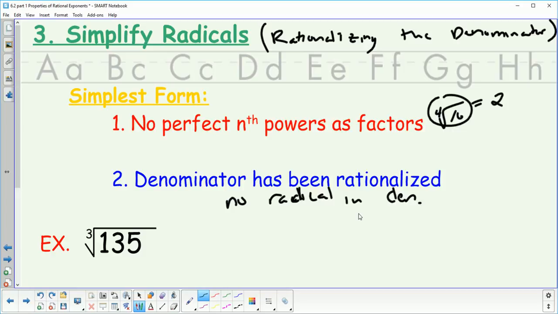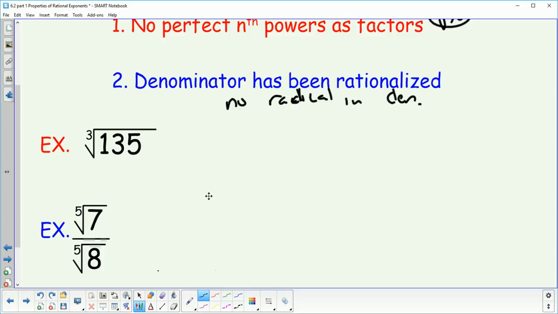So a couple examples of that. We have the cube root of 135, which if we put this into our calculator would just give us some decimal. So, like what we did with square roots earlier this year, we need to figure out 135 as a product of two numbers, one of which has to be a perfect cube. I say perfect cube because that's a cube; if this was a 4, it'd have to be a perfect fourth power, or quartic.